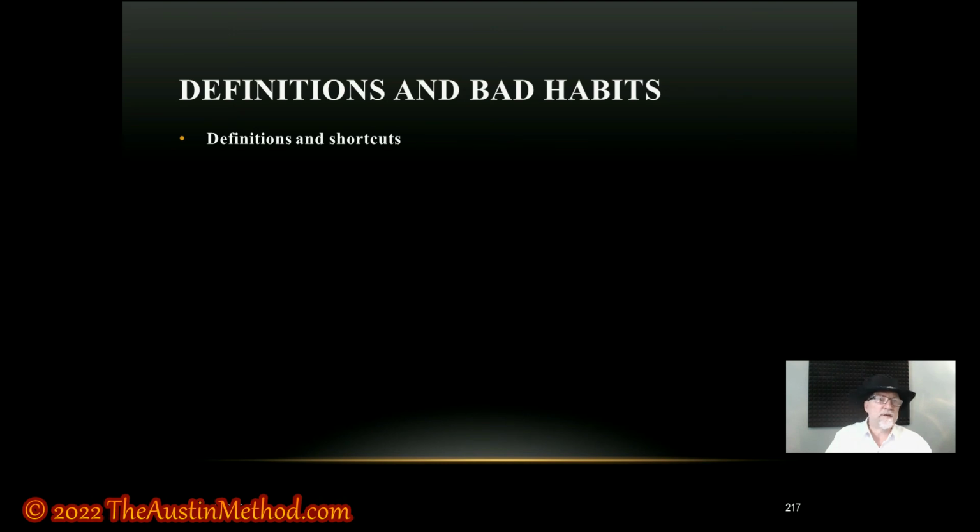Sometimes your friends, experienced square dancers, sometimes even a well-meaning caller will say, well, you just need to do this. And yeah, that works for that particular situation, but the definition is broader, and when you're put in a different situation and you don't know the definition, you don't know what to do.